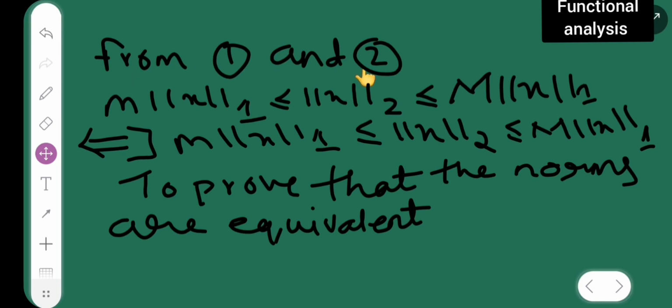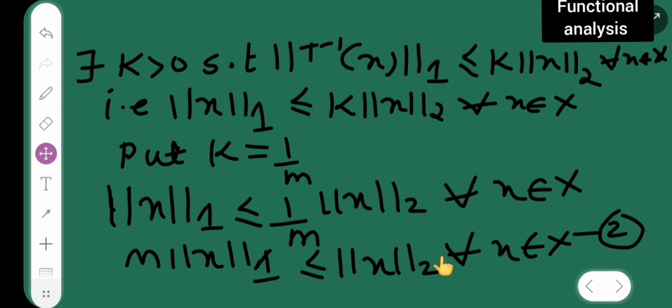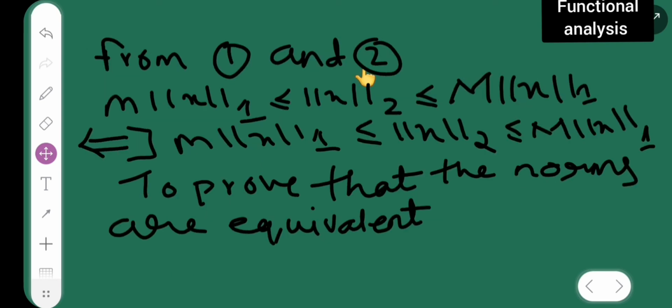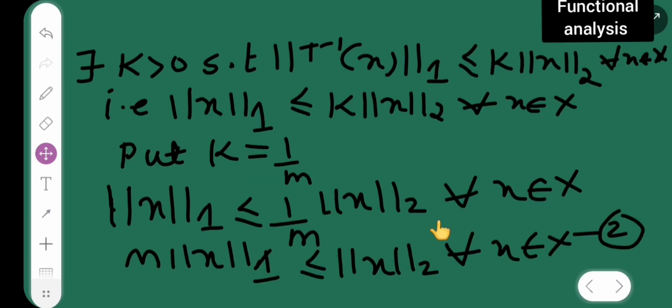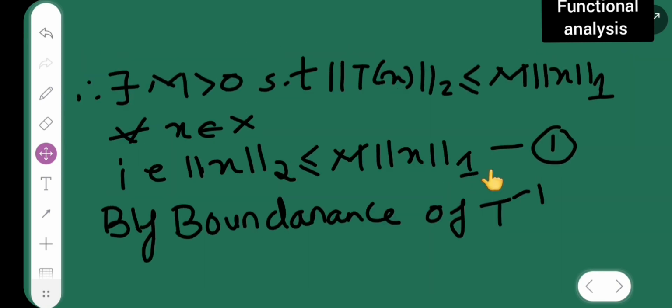Now from 1 and 2, what I am going to get is m norm of x1 is less than or equal to norm of x2, and norm of x2 is less than or equal to m norm of x1.